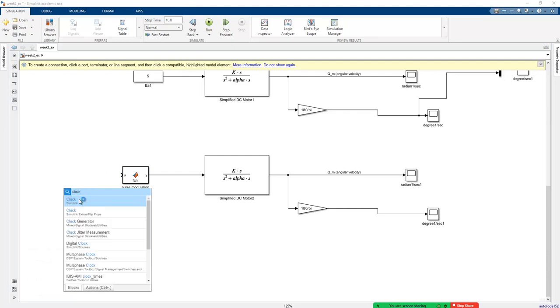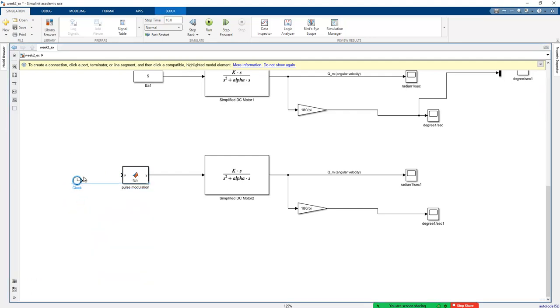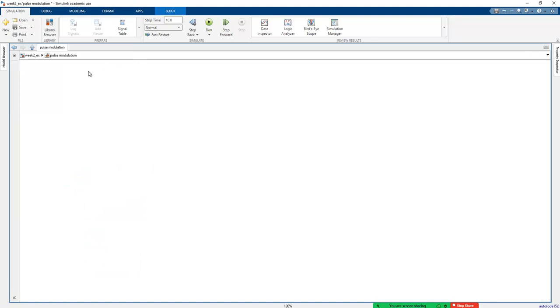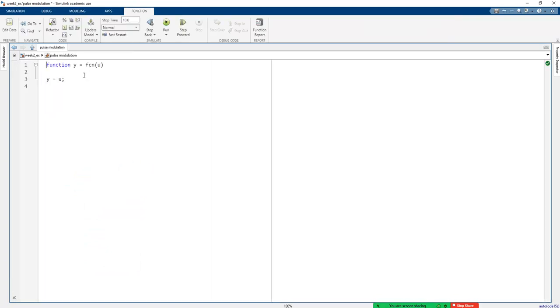We have a clock here, and this clock provides the time information, just like this one, and we generate the EA based on some conditions. For example, just remember that we have the PWM with the duty cycle and its frequency values, right?